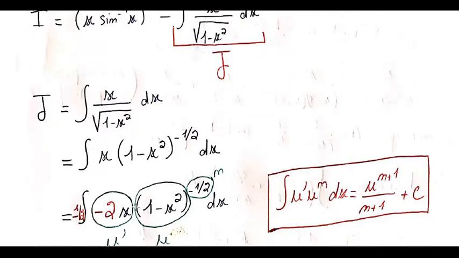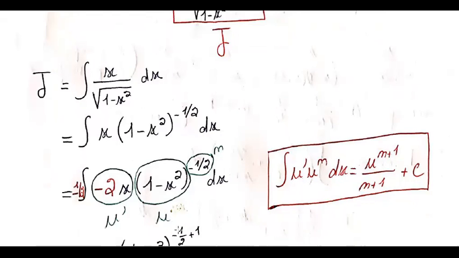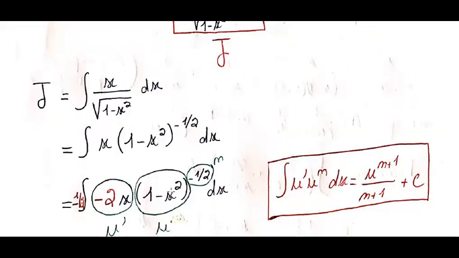Now, getting back to our integral, if u is 1 minus x squared, then u prime is minus 2x. So we need a 2 here next to x. If we multiply by minus 2 inside the integral, we should multiply by minus half outside the integral.